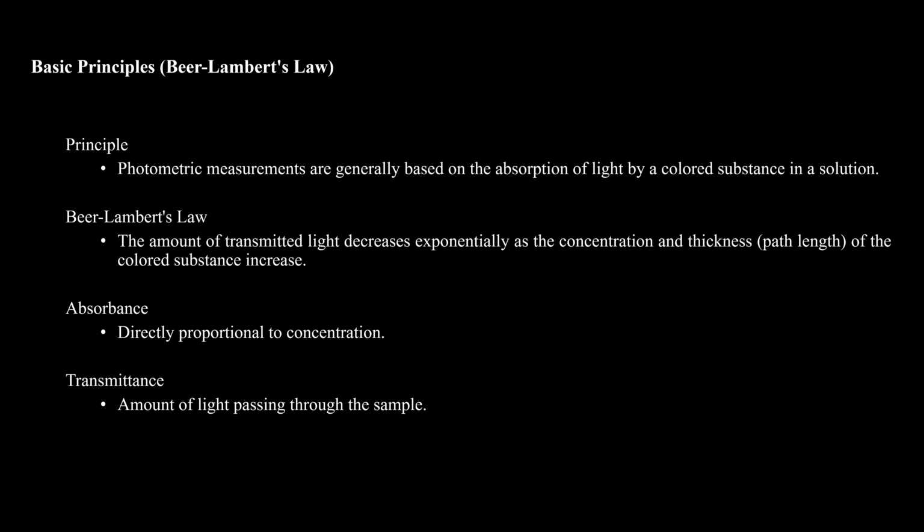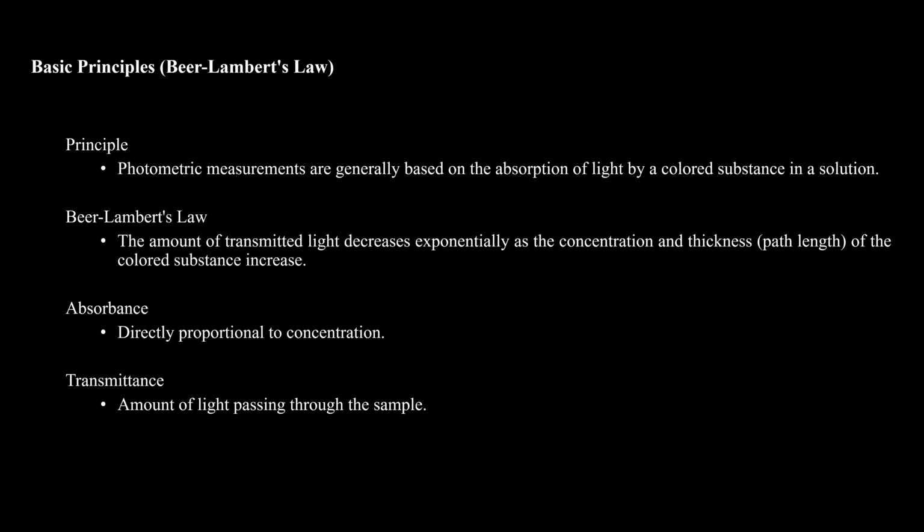Basic principle: the Beer-Lambert law. Photometric measurement generally involves passing light through colored substances in solution. The transmitted light decreases exponentially as the concentration and thickness of the colored substance increase.